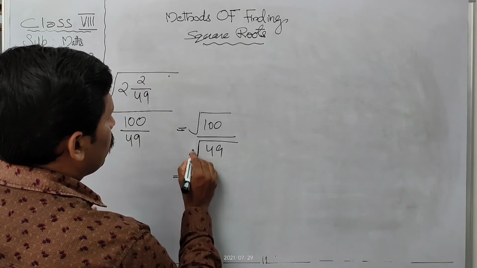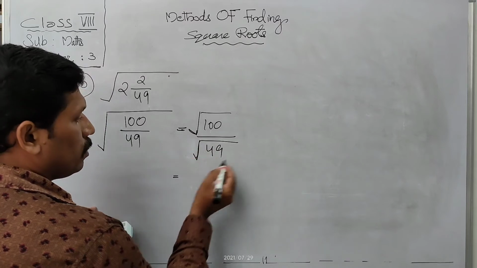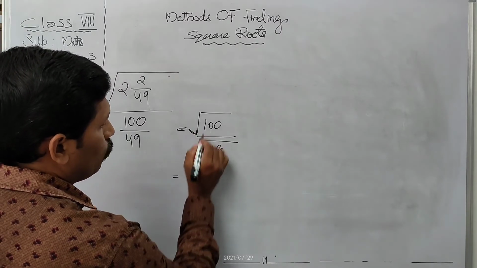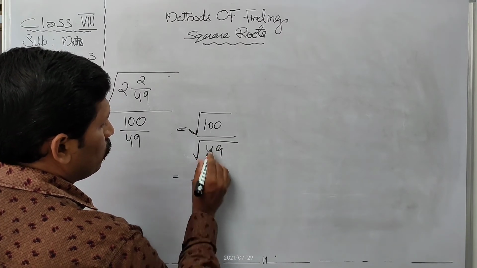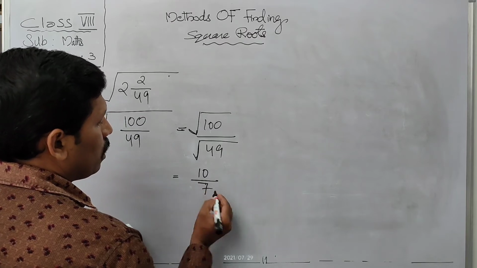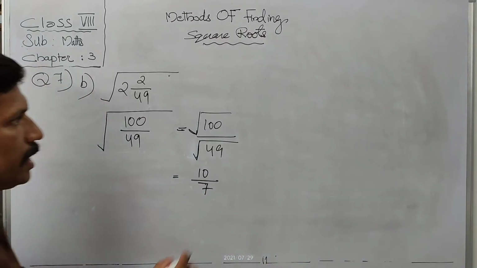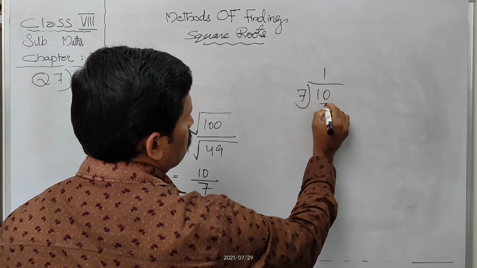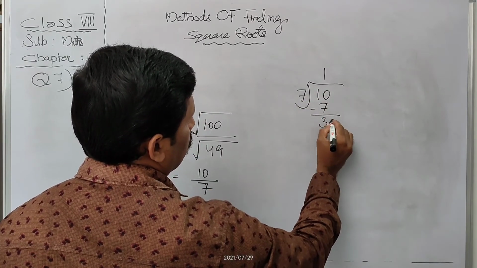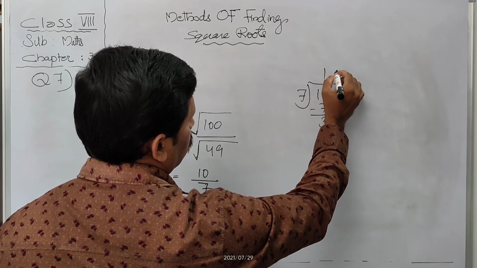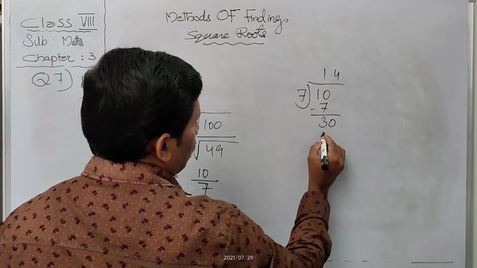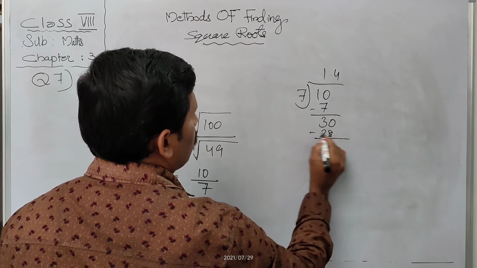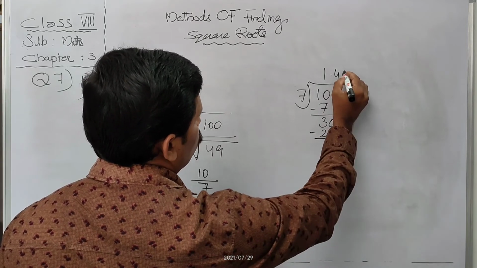As it is a smaller number, you can directly write. So here we get root 100 is equal to 10 and root 49 is equal to 7. Now we can find the value of this. We can divide 10 upon 7. 10 divided by 7: 7 ones are 7. Remainder 3, 30. 7 fours are 28. Then 2, 20. 7 twos are 14.